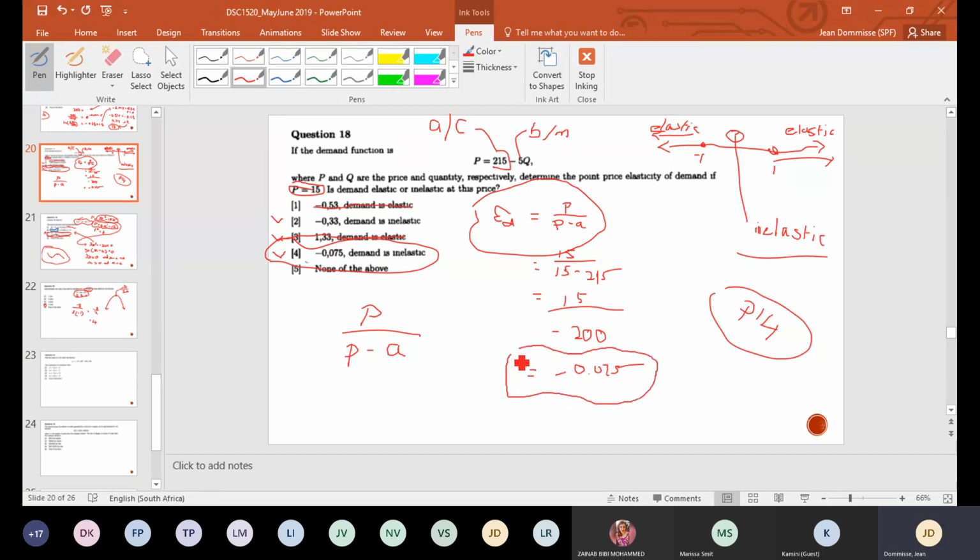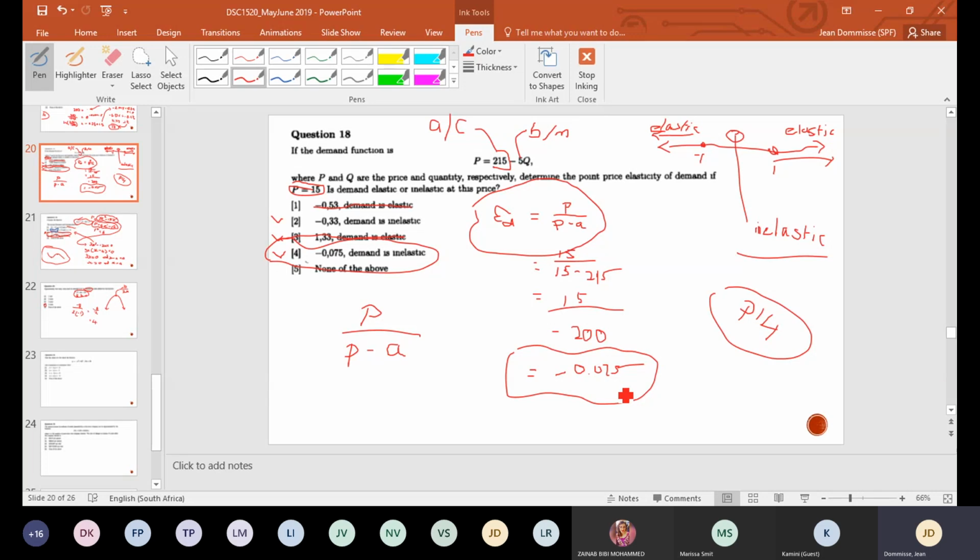So my answer for you is to look at this one. If it is minus or positive, it will still be inelastic because it will be less than 1, but bigger than minus 1. So it doesn't matter.